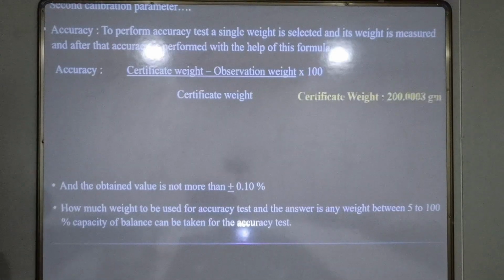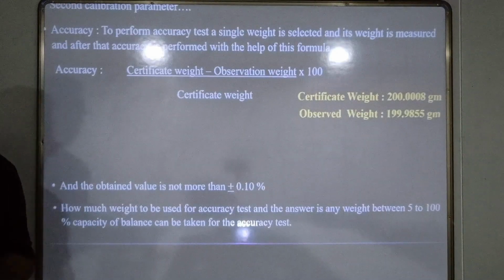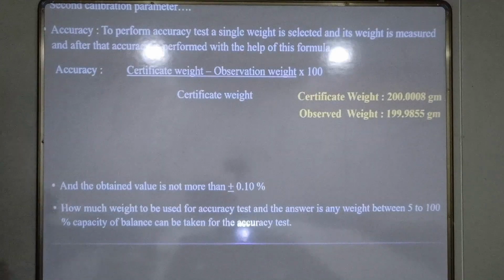Suppose here the certificate weight of 200 gram is 200.0008 gram and the observation weight is 199.9855. Here we have taken an analytical balance, as you can see there are 4 digits after the point. Now we enter these values in the formula.